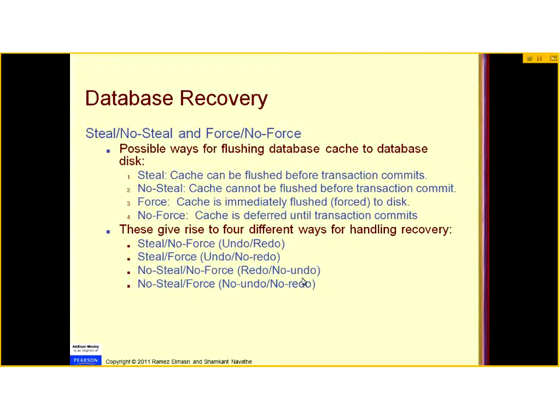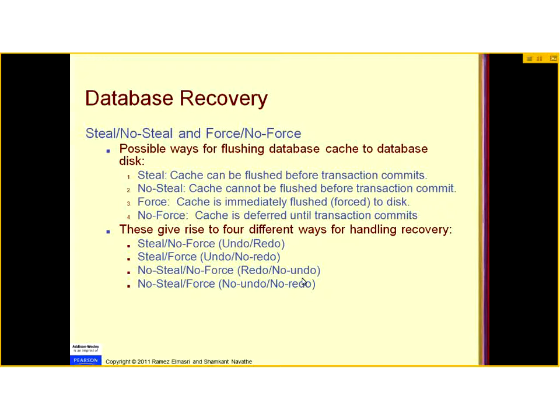This is called stealing. And if cache cannot be flushed before the transaction commits, this is called no stealing. If the transaction has not committed, you cannot write the cache buffer content to disk. It means no stealing. You cannot steal the data which has not yet committed.